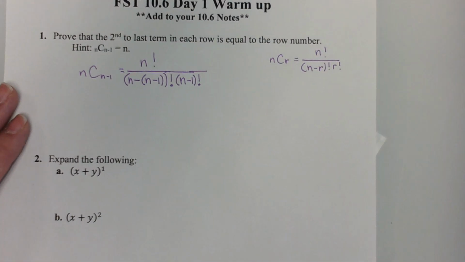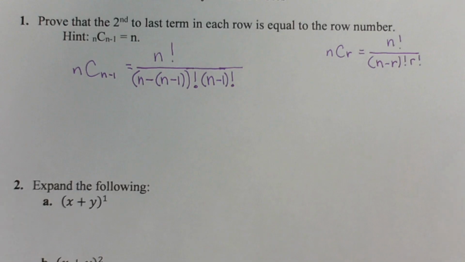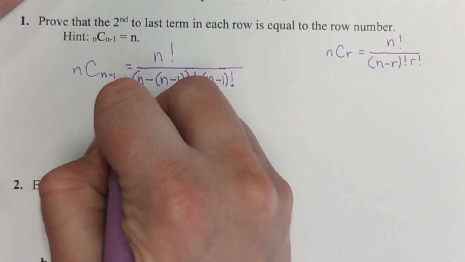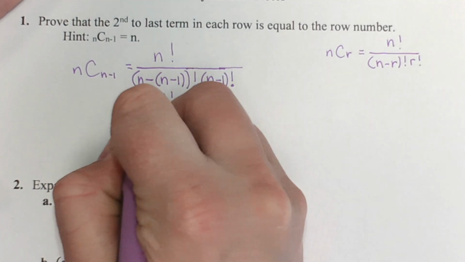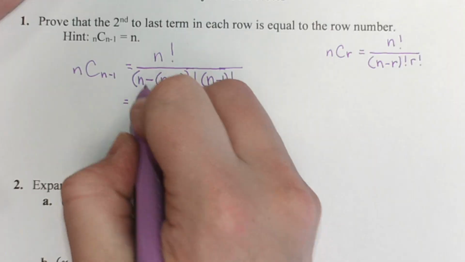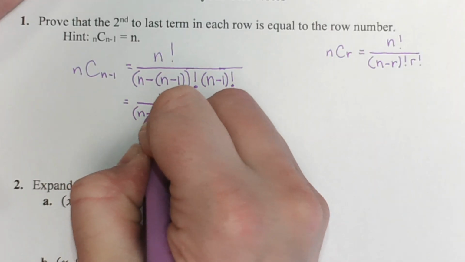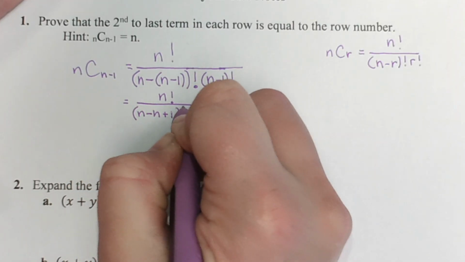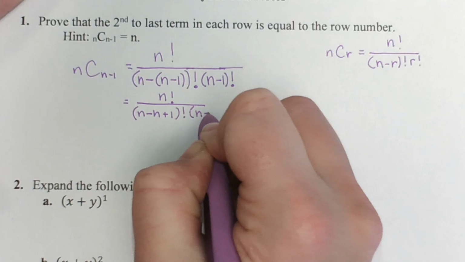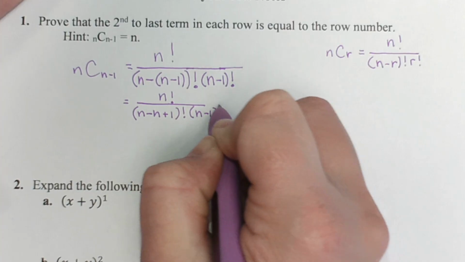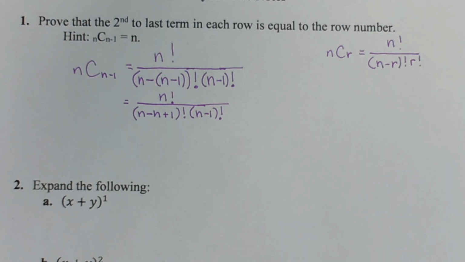And from here, I'm doing some algebra to simplify things down, like distributing my negative. N factorial over n minus n plus 1 factorial. I can't distribute factorials, but that wasn't the factorial. That was the negative inside parentheses.